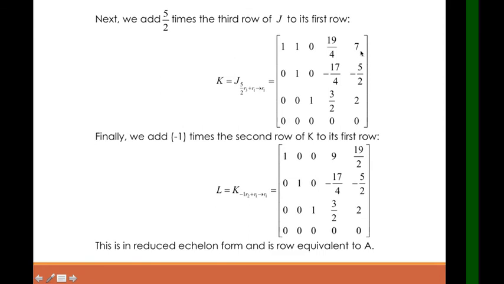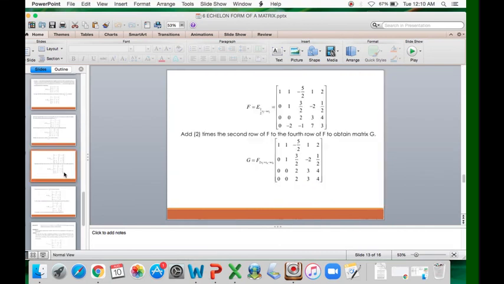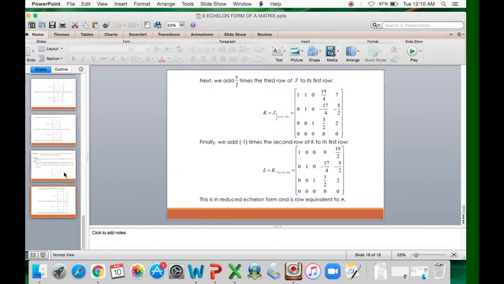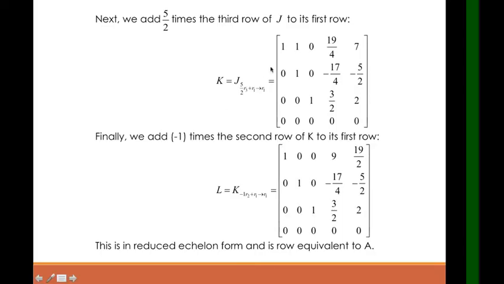Let's suppose it's 7 for now, but actually, it's not 7. Okay, we got lost. Wait a moment. Okay, last one. Actually, it's not 7, it's 10.